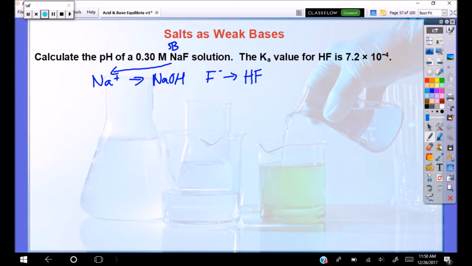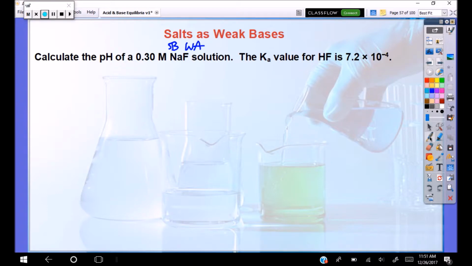And that means HF is my weak acid. So the title of this is Salts as Weak Bases, because if I look at the neutralization reaction here, I end up getting a salt that functions as a weak base because it's the conjugate of my weak acid.